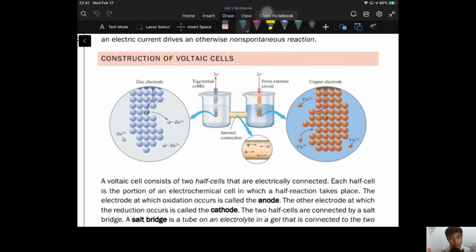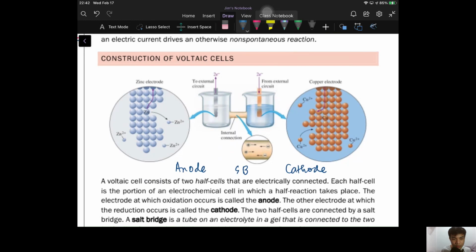Okay. So, the usual construction of voltaic cell ay ganito. May notation na sinusunod dito. On the left side, you have your anode. On the right side, you have your cathode. And in between them is yung salt bridge, or SB. Typically, our anode reaction nasa left side yan.